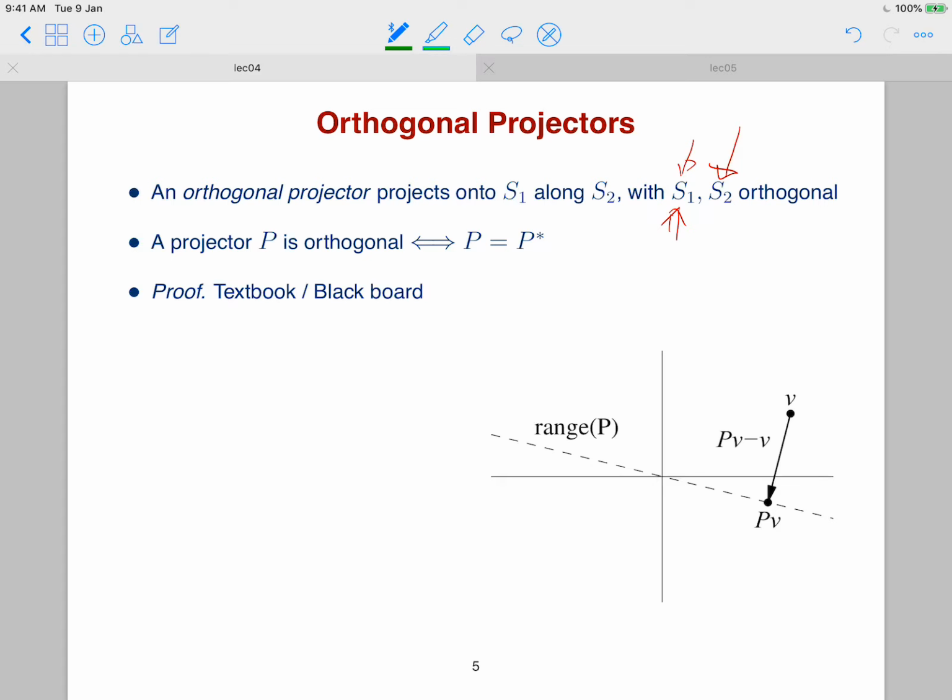In that case, you can easily prove that P should be equal to P transpose.